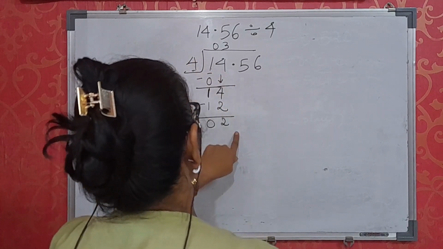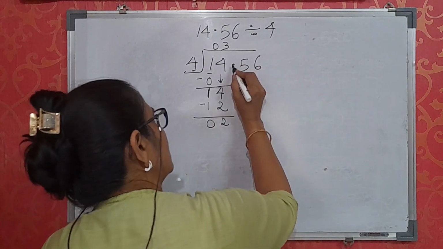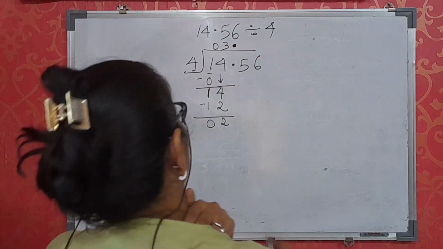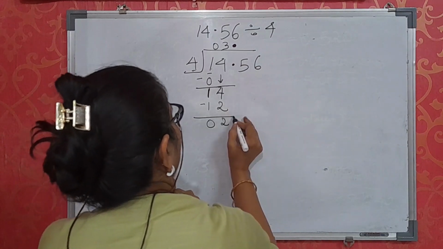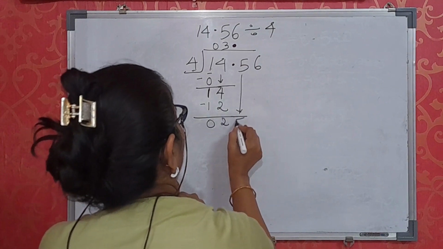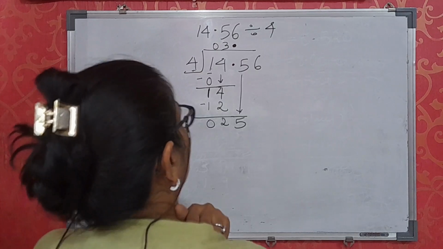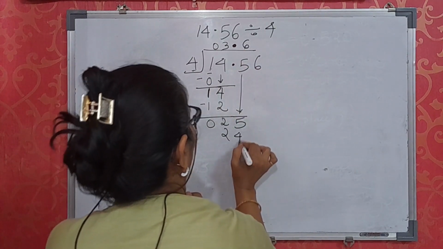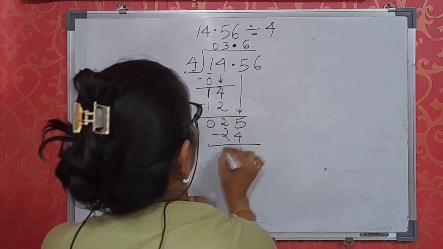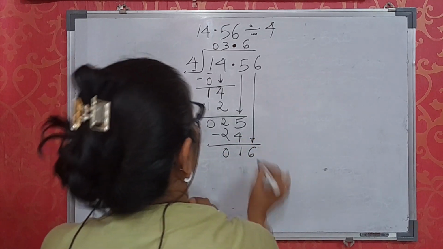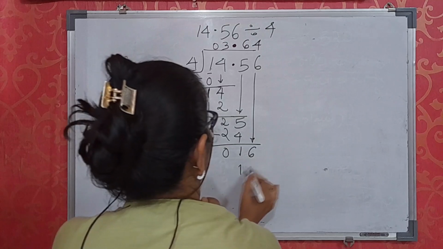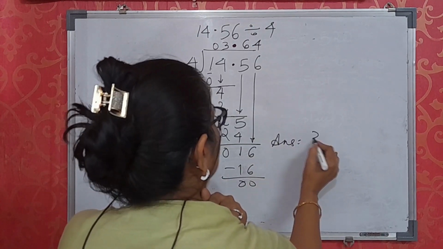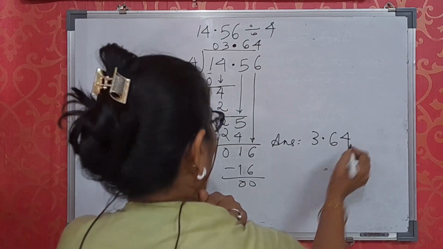That decimal point you cannot bring down, but you have to keep it up in the quotient place. Then only can you take the new number down, that is 5. In the 4 table 25 doesn't come, so 4 6s are 24, remainder 1, and then 4 4s are 16. So your final answer, your quotient, is 3.64.